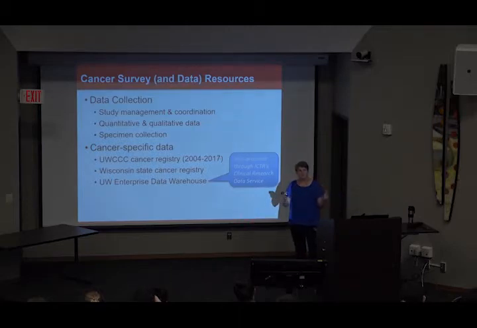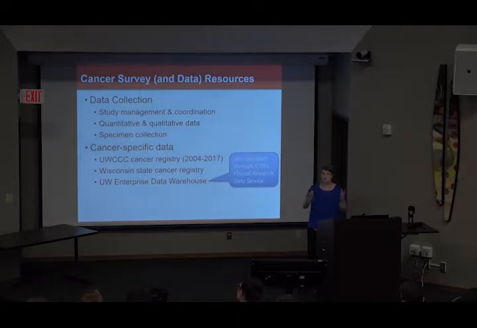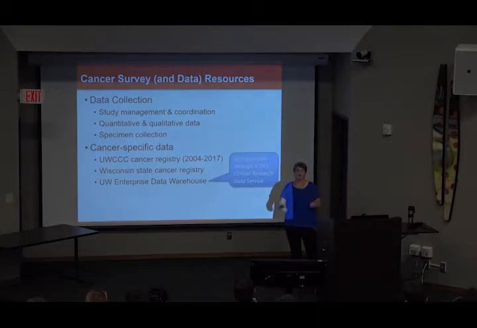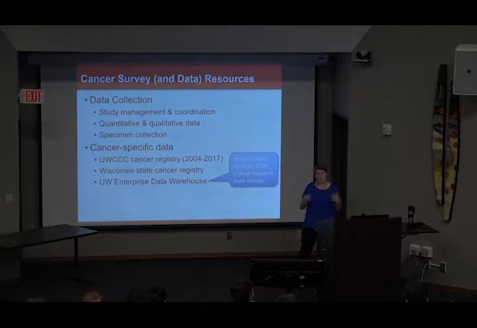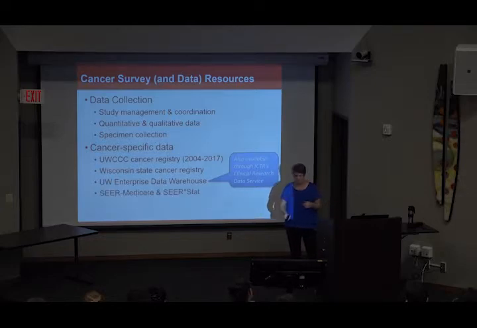So from 2004 to 2012, how many patients did we have at UW who met this disease condition and had this procedure? It can be critical for knowing whether or not you have enough patients to be able to do the study that you're interested in, or whether you're going to spend a lot of time trying to recruit people but never have enough of them.